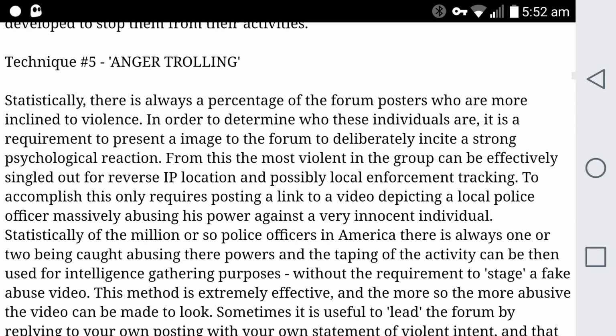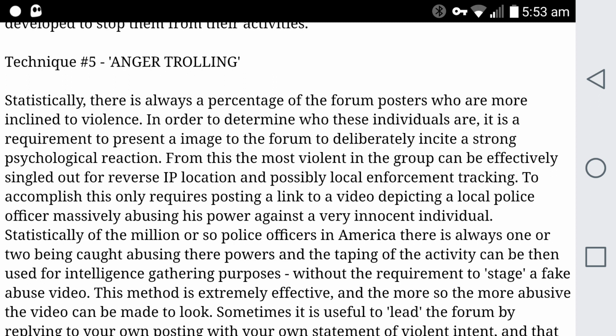Anger trolling, technique number 5. Anger trolling. Statistically, there is always a percentage of the forum posters who are more inclined to violence. In order to determine who these individuals are, it is a requirement to present an image to the forum to deliberately incite a strong psychological reaction.